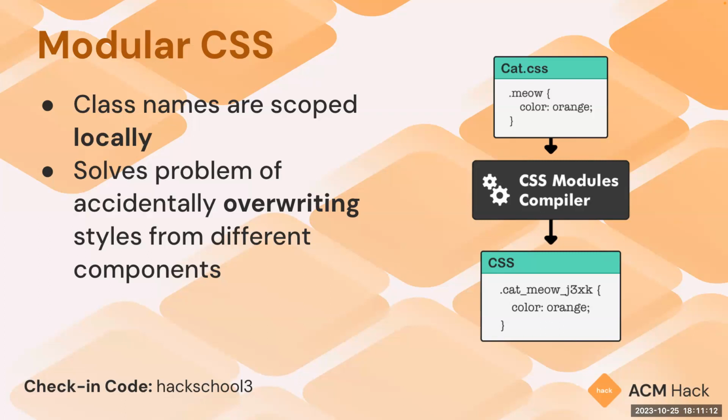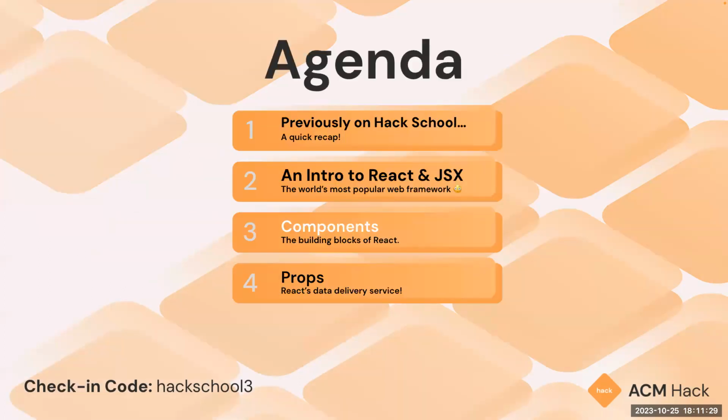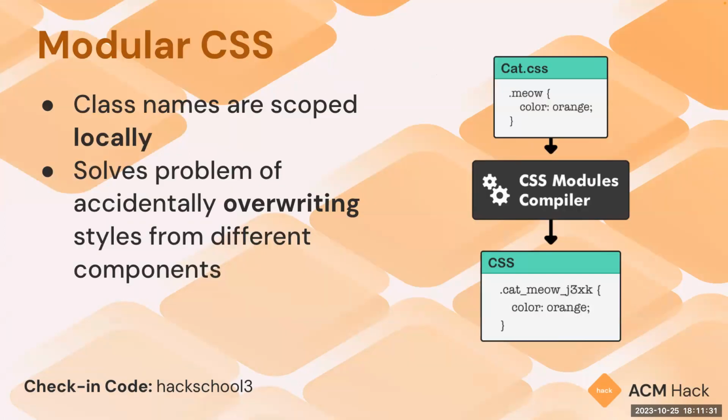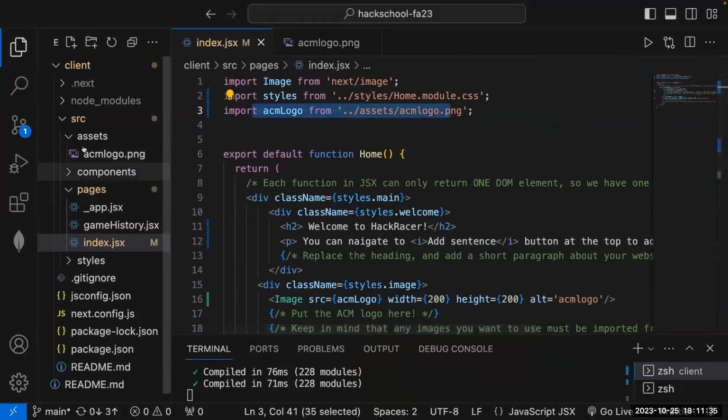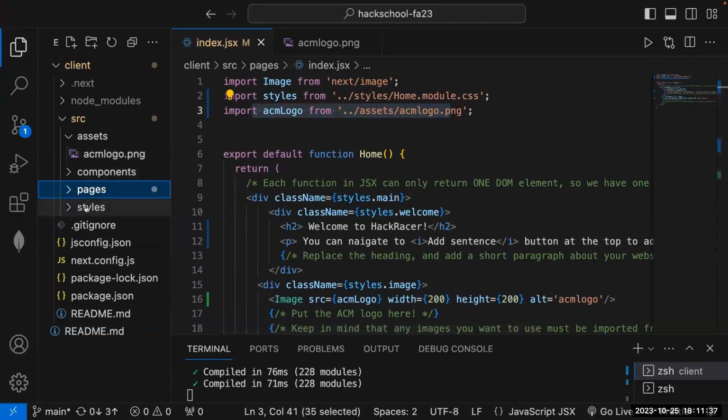That's why we use modular CSS, where the class names are scoped locally, and this wouldn't override something we did in some random folder. So to do that, go back to your project, and then we're going to navigate to our styles.